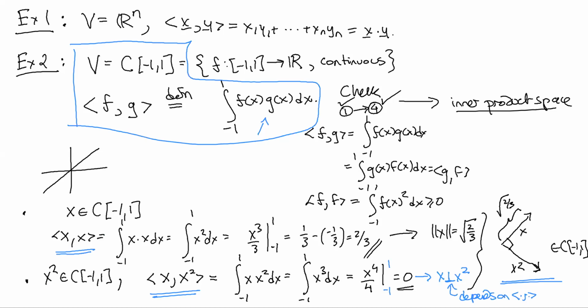Let me show you one more example. Inner products are not unique. There are tons of inner products on any vector space. So here's another example. The vector space would be R3.